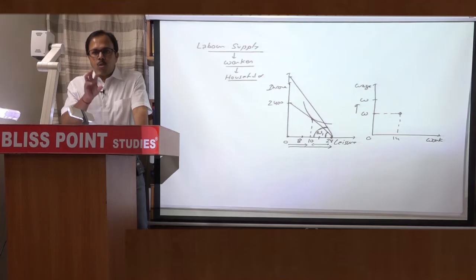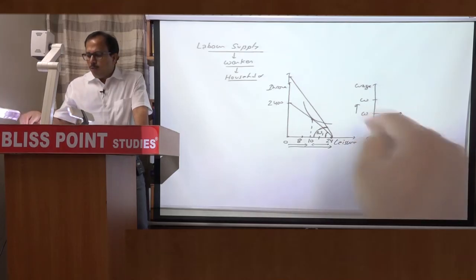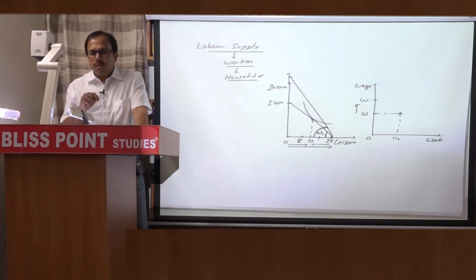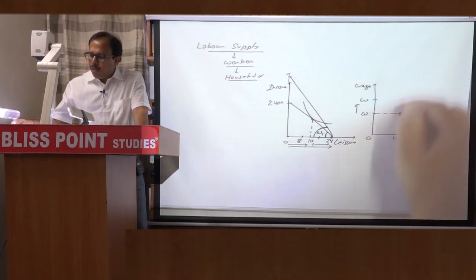So both the substitution effect and the income effect are working in opposite directions. But since it is macroeconomics, we are assuming that if you have to derive it, this topic will be discussed in micro as well. In micro, the labor supply curve will be bending backward.